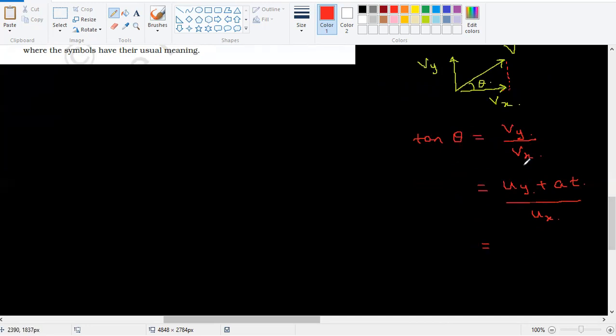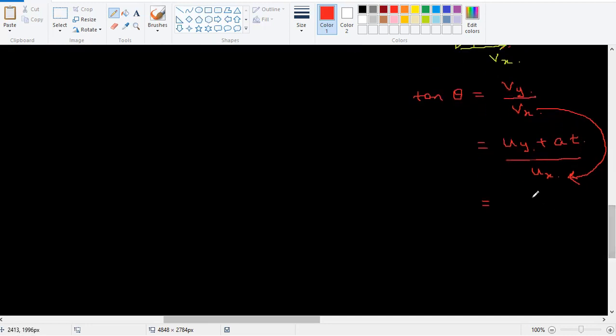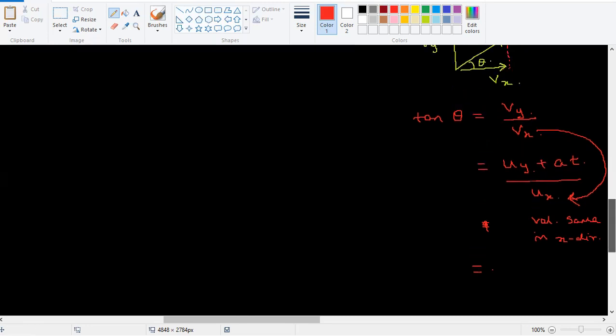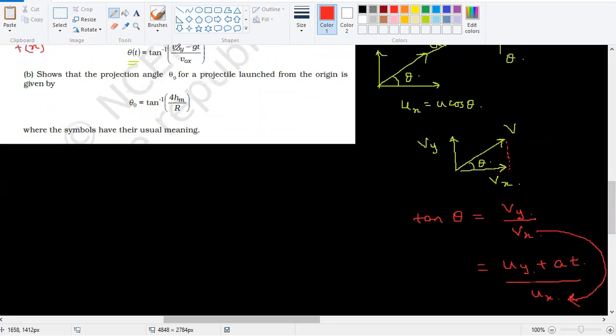Why? Because velocity does not change, so that means velocity remains the same in the x direction. You don't remember that in the x direction the velocity does not change, so it remains the same. So uy, in the question they have written as voy.